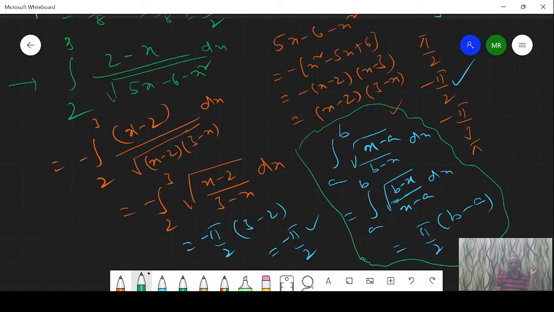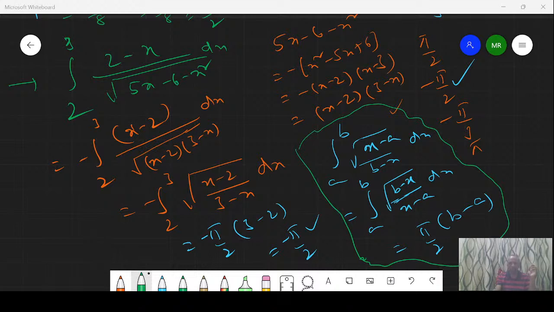Is it clear? Understood, my dears? Please try to understand that concept, the most important concept. Simple logic; directly you can write your answers.